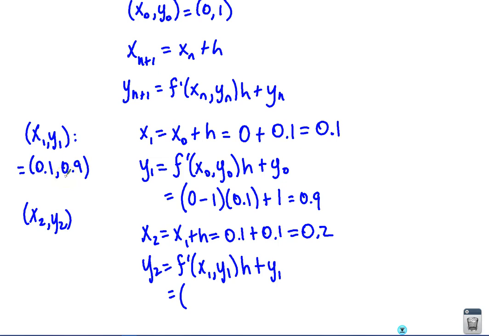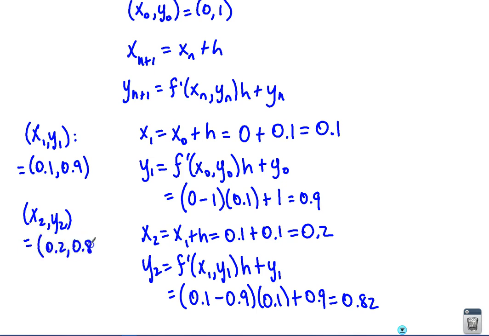So now I'll say x minus y is 0.1 minus 0.9 times h, which is 0.1, plus my previous y value, 0.9. I clean all that up. This is negative 0.8 times 0.1 and then plus 0.9. This works out to be 0.82. So now x2, y2 is equal to (0.2, 0.82).